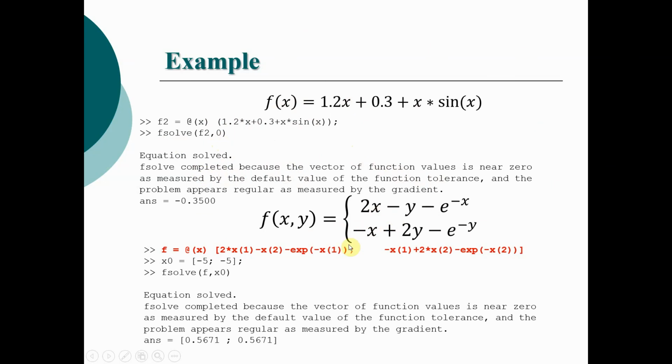Similarly here, if you want to find a solution for this system of nonlinear equations, we provide a function handle. Right here, we have two unknowns, so we can represent them as a vector of unknowns called x, and here x1 would be our x and x2 would be our y.